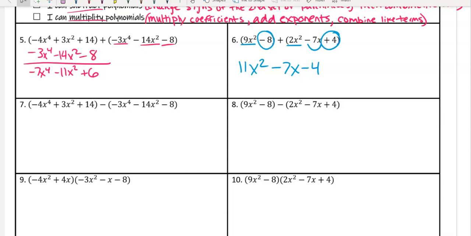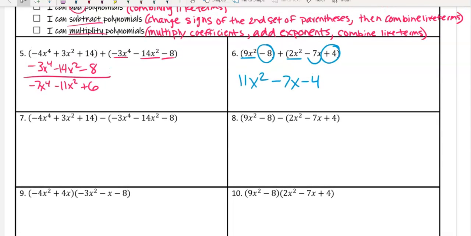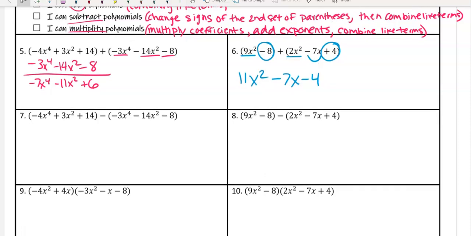All right, for number 7, this is subtracting. So we're going to change the signs of the second set of parentheses and then combine like terms. What I do is I'm going to say right below 3x to the 4 plus 14x squared plus 8, and then I just cross that out. I'm not dealing with those negatives anymore. They're all positive now, and we can combine.